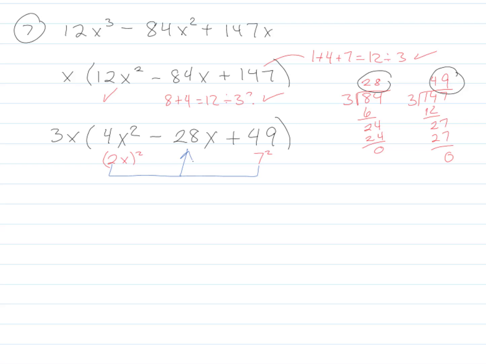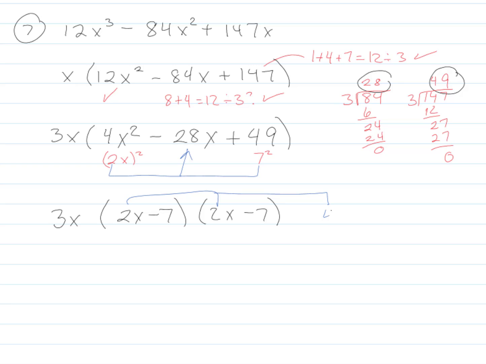That's what the perfect square pattern looks like right there. But let's go ahead and write it out to be sure. We've got that same pattern that we're looking for. So 2x minus 7 times 2x minus 7. So that's my guess, and I can go off and confirm it.